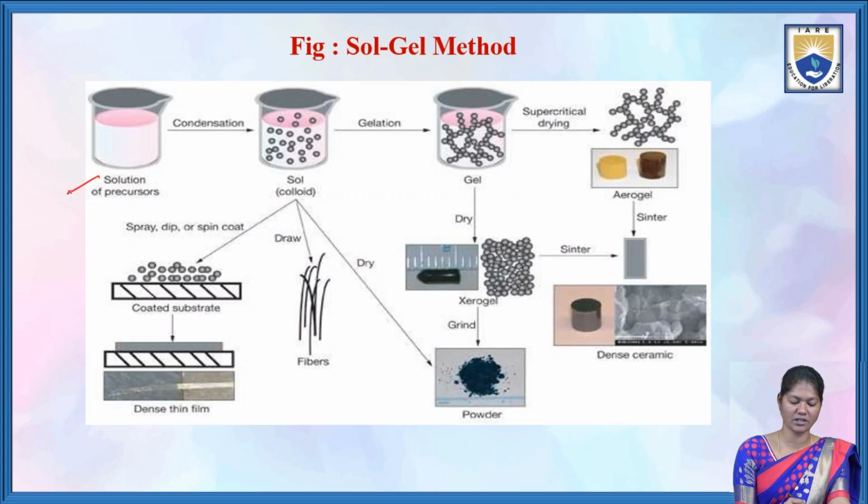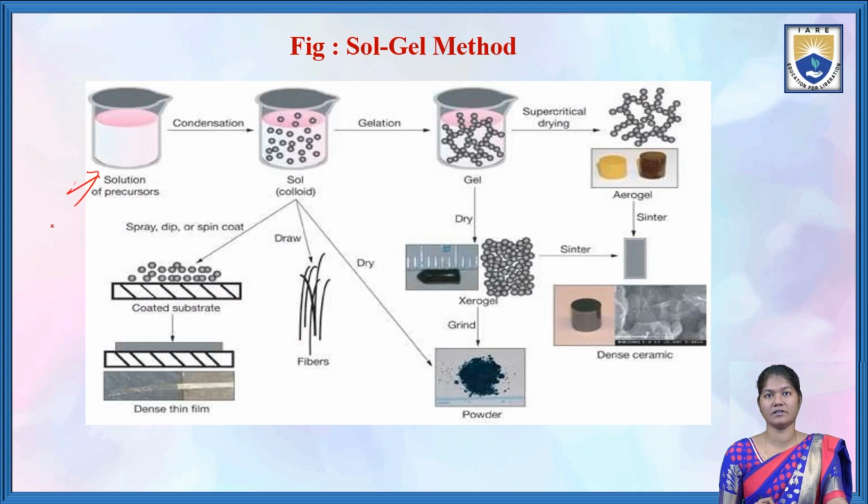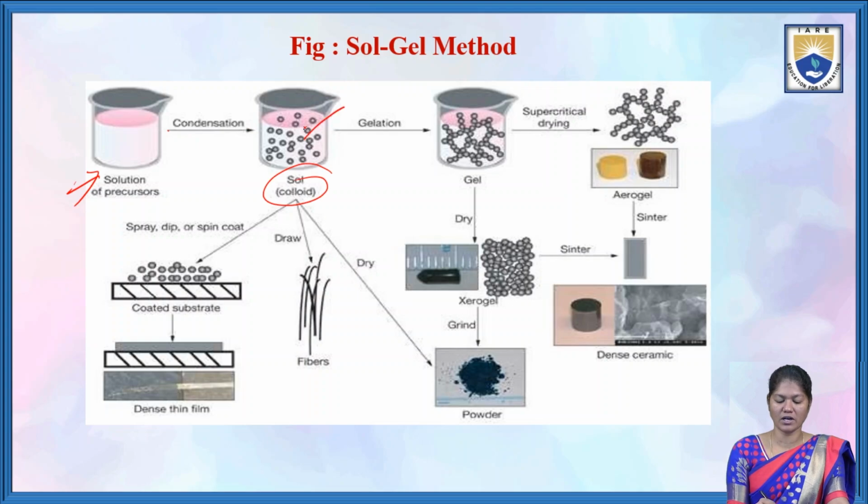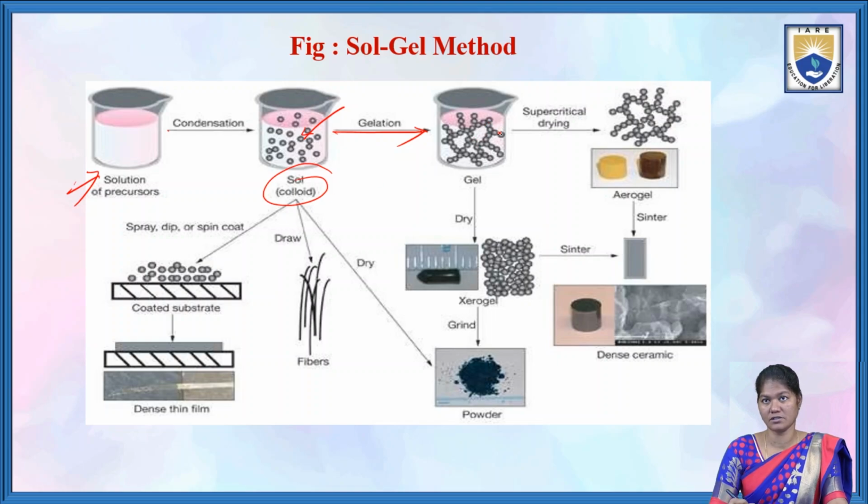Here there is a solution of precursor. Through condensation we get a sol, that is, colloid particles suspended in the liquid. Then after the gelation time, the fluidity is lost and it gets a gel form.